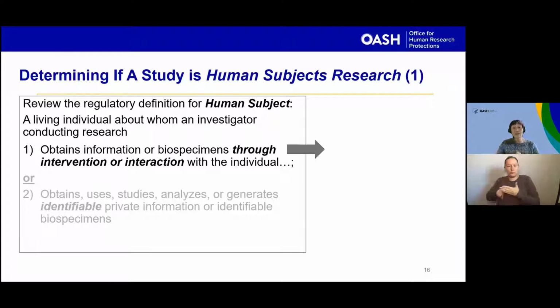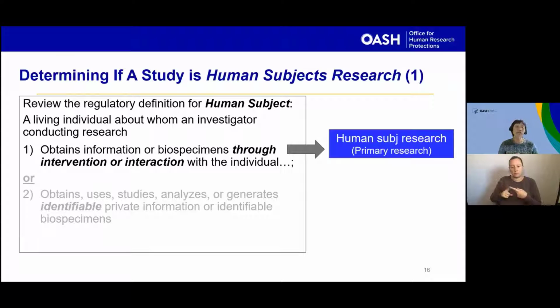This is generally referred to as primary research. And this is human subjects research. It meets the first part of the definition of what a human subject is.